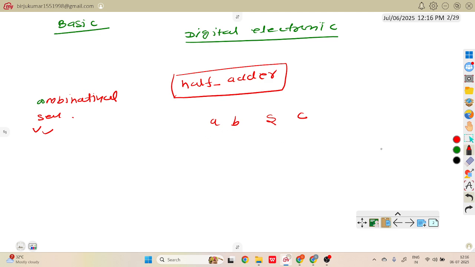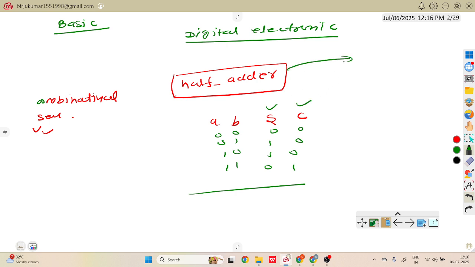For inputs 00, 01, 10 and 11, the sum is 0, 1, 1 and 0, and the carry is 0, 0, 0, 1. You have already studied the half adder. It is used to add two one-bit numbers, and there are two outputs, sum and carry.